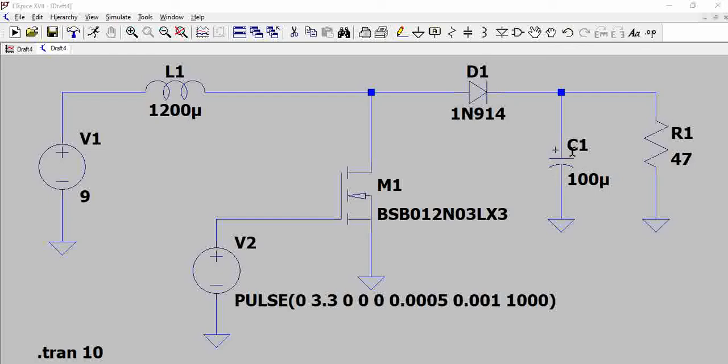The output capacitor must have sufficient energy to supply the entire current that must be provided to the load. That means the load current should be provided, and we should not have any issues with respect to the operation of the load. So the selection of the capacitor is also very crucial.